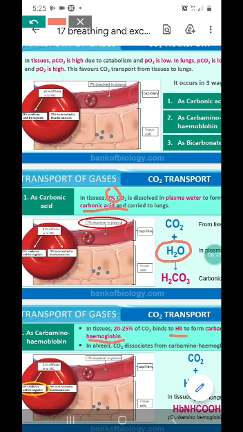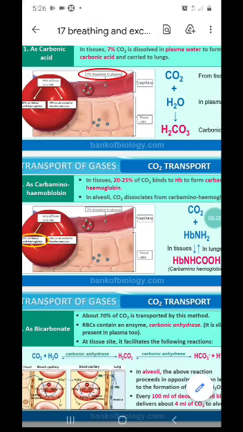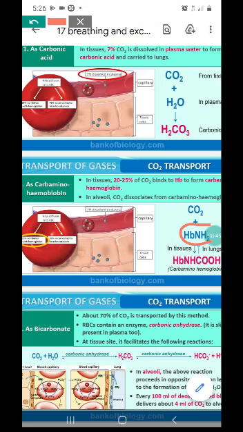Okay, and we'll see the third method of how it is transported. This is CO2 plus Hb, hemoglobin, in combination with the amino group. The amino group of hemoglobin reacts with carbon dioxide to form carbaminohemoglobin.